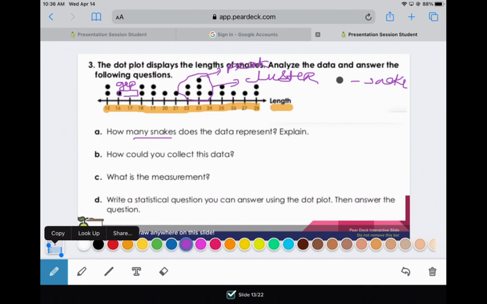Another way you can respond to me, if you don't put it in the chat, is to go ahead and put it in Paper Act. Okay? Answer question A for me. We're going to skip B and D. Okay? What is the measurement? So when I say what is the measurement, I'm looking for the values. It goes from what values to what values.